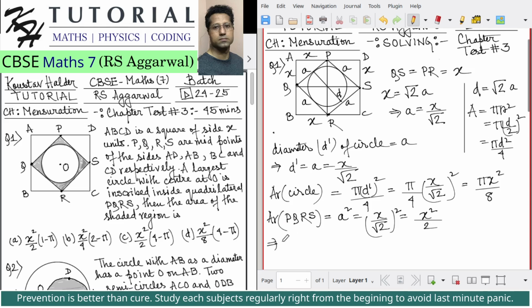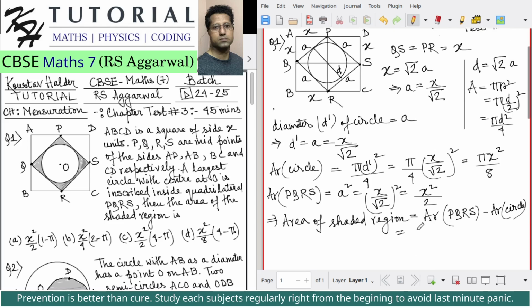So this implies that area of shaded region is equal to the area of the square PQRS minus the area of the circle, which is equal to x square by 2 minus pi x square by 8.